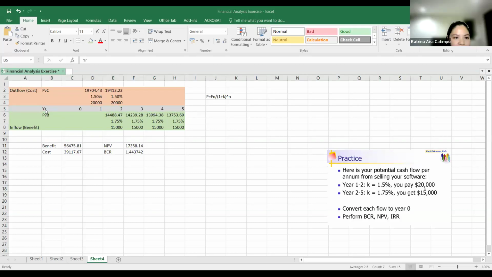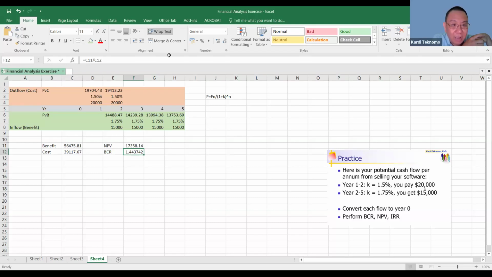These are the years, and then I input per year. And then these are the PV for each year. And then the benefit is the sum of the present value of the benefits, and the cost is the sum of these two. The NPV is the difference, BCR is the quotient.